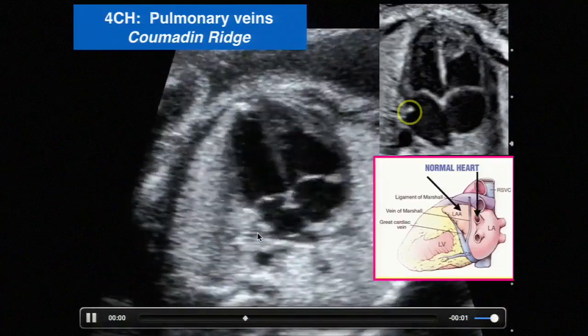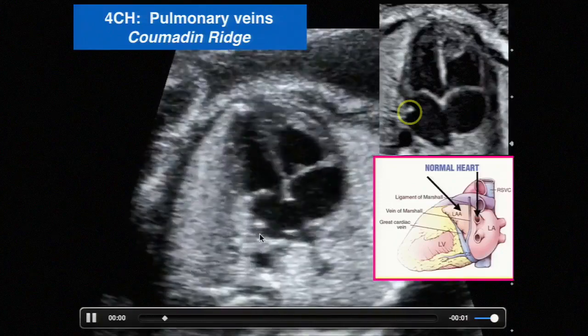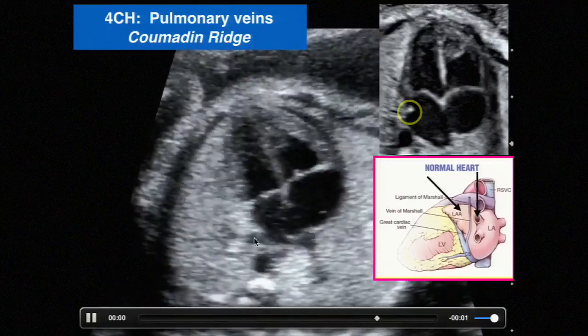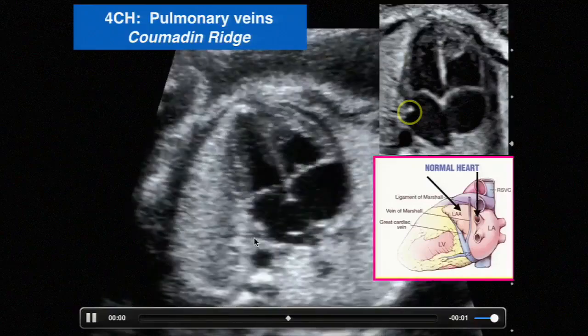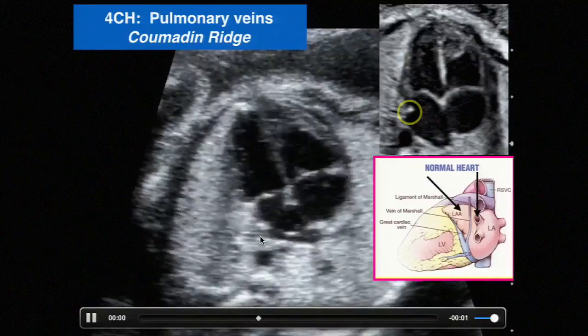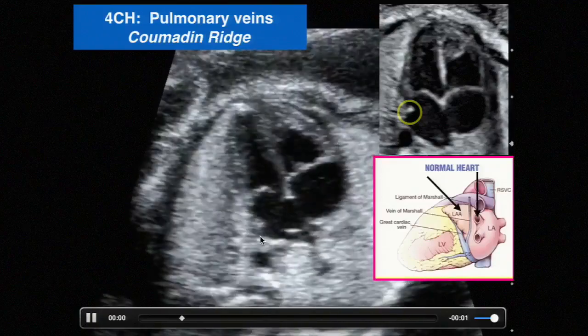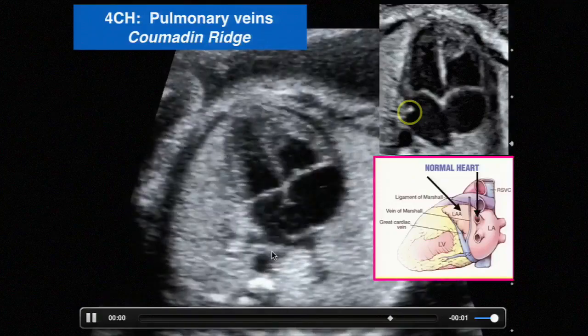What it is, it's an infold of tissue in between the left atrial appendage and the left pulmonary vein. So if you don't have a pulmonary vein, such as in cases of total anomalous pulmonary venous return, you can't have an infold of tissue. So although it shouldn't be something that you rely on solely to make this diagnosis, it is something that is reassuring to see.